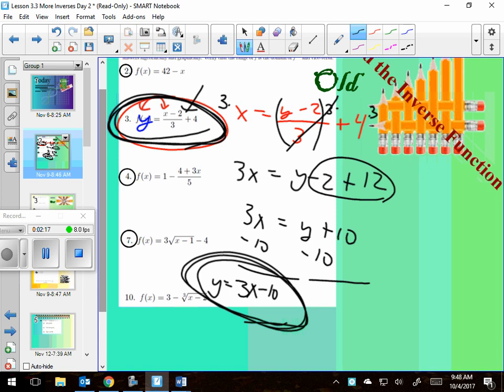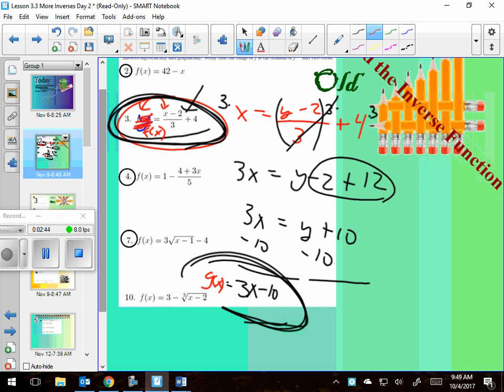And I know it may seem like I'm speaking Greek here, but if I make this one be called f of x, and I make my new one, my inverse, and I call it g of x, if I nest the functions in each other, f of g of x and then g of f of x, they should both come out to x.